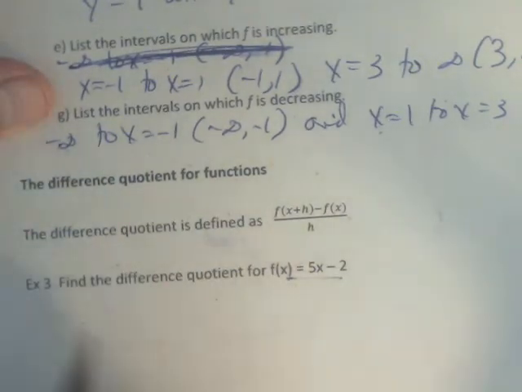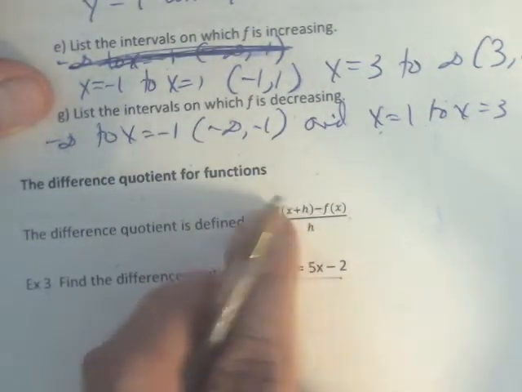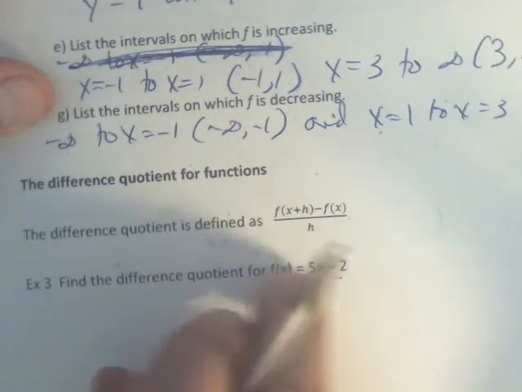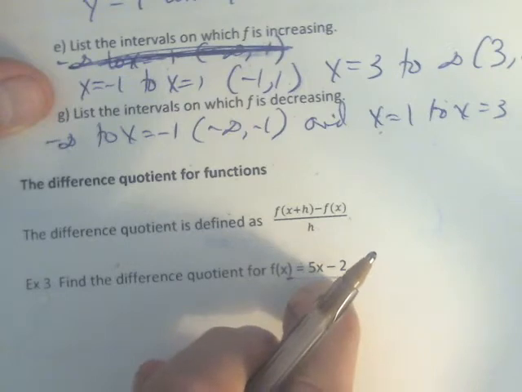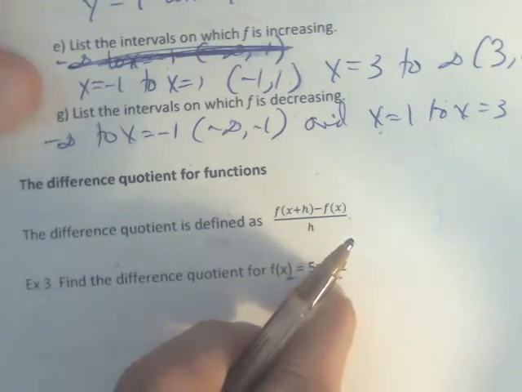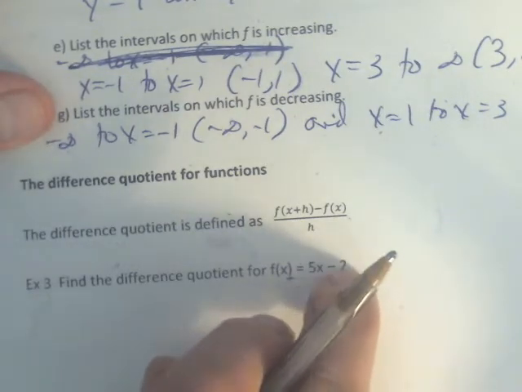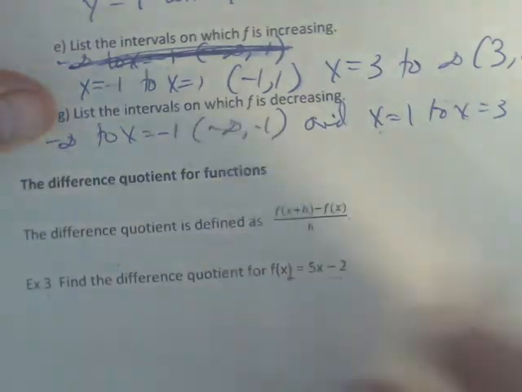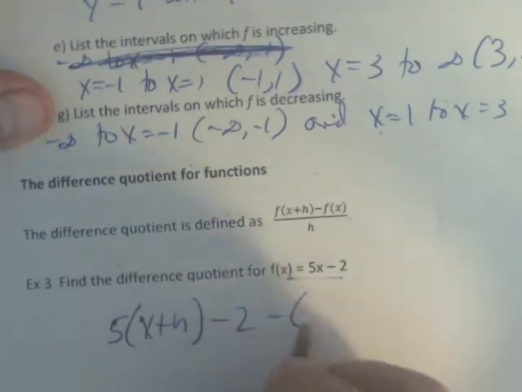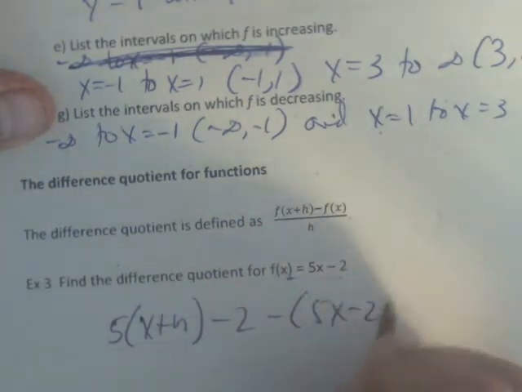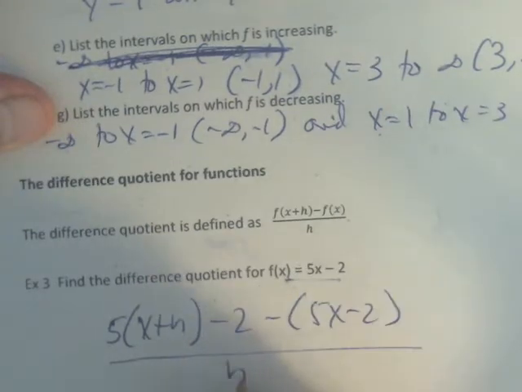So if I am going to evaluate this using here, so f of x plus h, my x plus h goes into here. Okay, so it's going to be f of x plus h minus f of x. So it's going to look something like this. I'm going to put my x plus h in for my x, and then I'm going to subtract my function value and put it all over h.